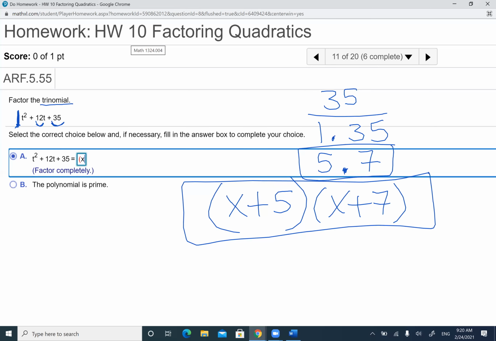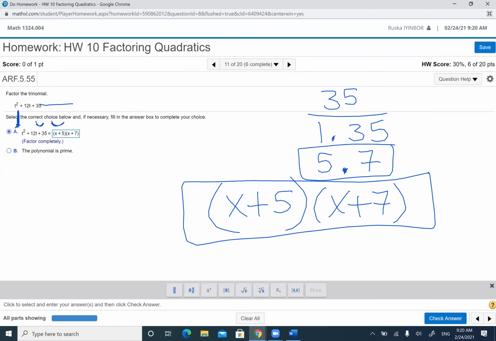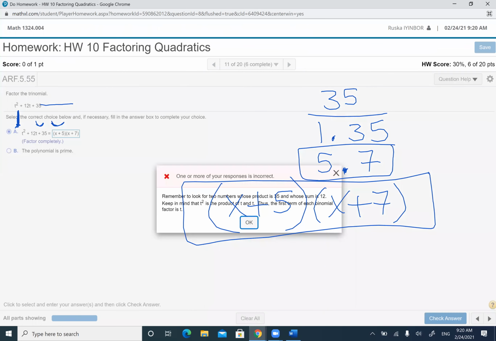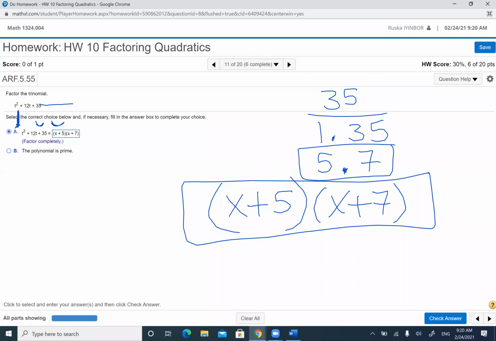Now here, what you can do, you can check your answer. I'll check it here. This should be correct. Why is it not correct?